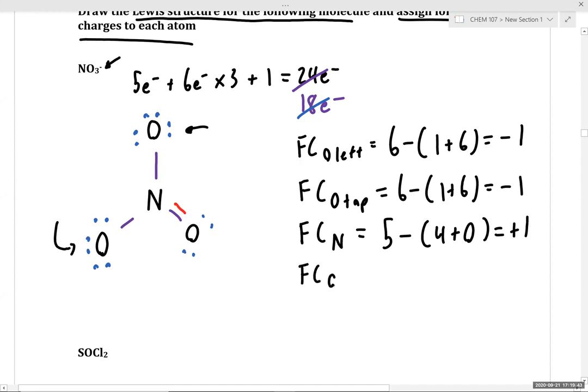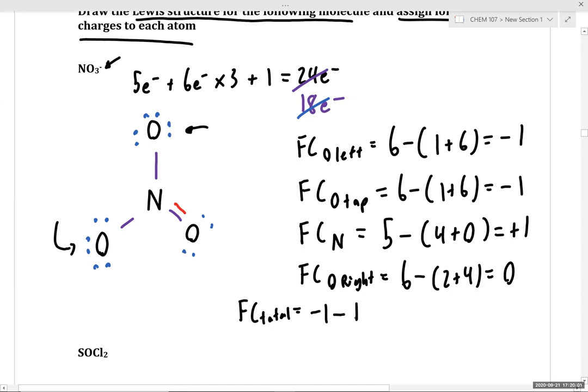Finally, the formal charge of the oxygen on the right. We've seen this before. We have a group number of 6. We have 2 bonds and 4 lone pair electrons, giving us a formal charge of 0. Our total formal charge then becomes -1 minus 1 plus 1, which is equal to -1, which matches the overall charge of this molecule known as the nitrate anion.